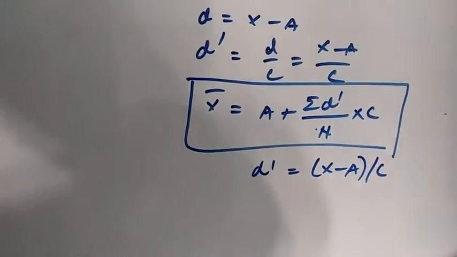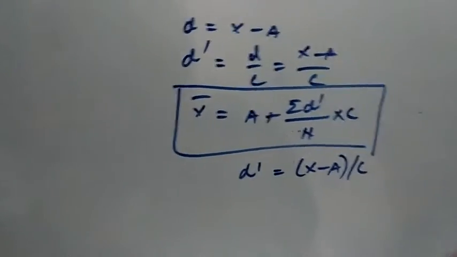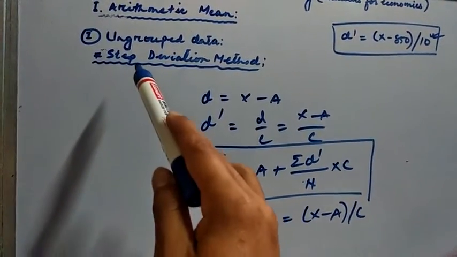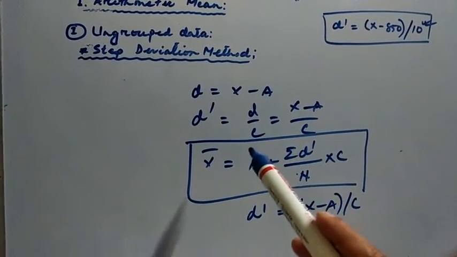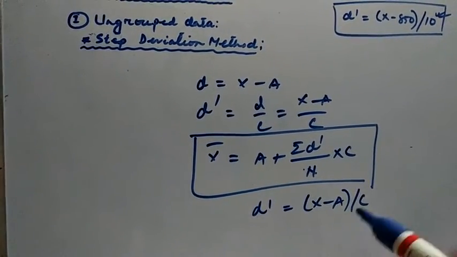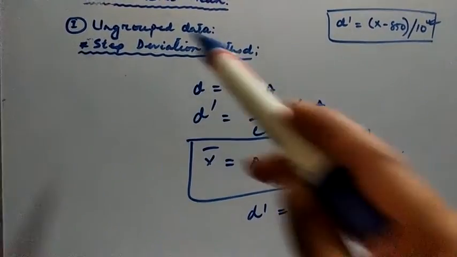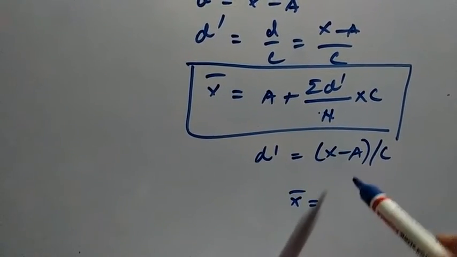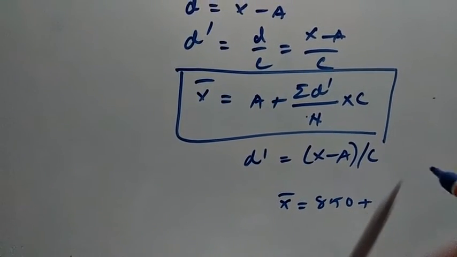Thus, you can calculate the arithmetic mean in example 2 by the step deviation method. The same example 2 that we calculated by the assumed mean method, you can calculate for the same given data, the same question, using the step deviation method. So X bar equals A, the same 850, plus summation d dash.